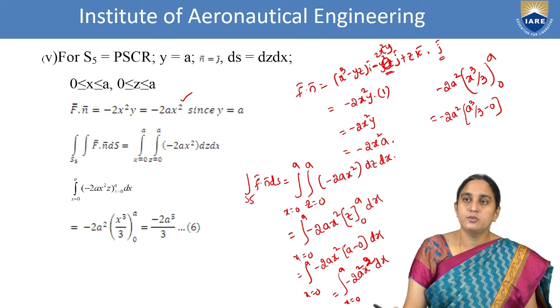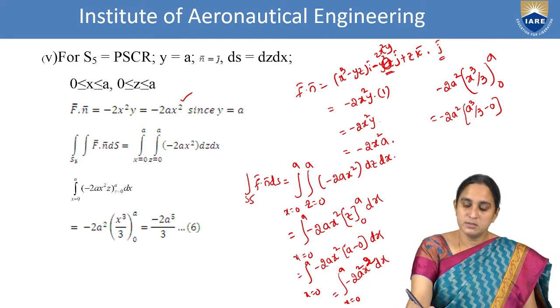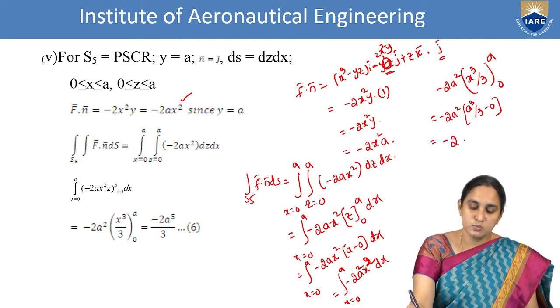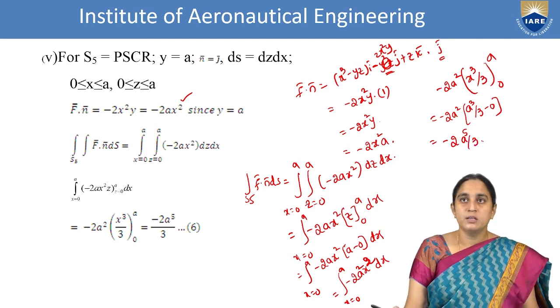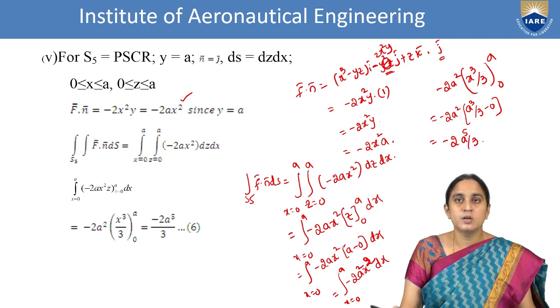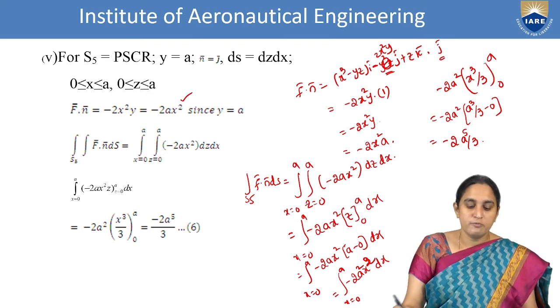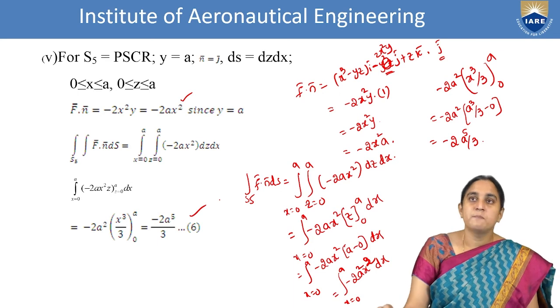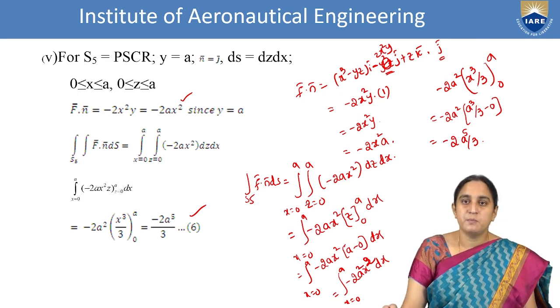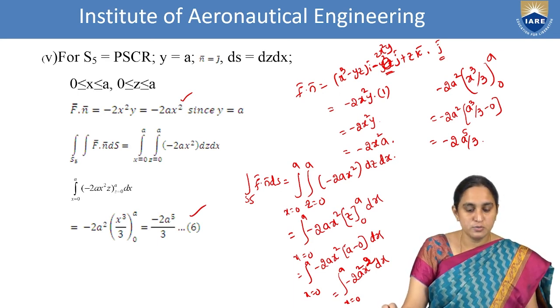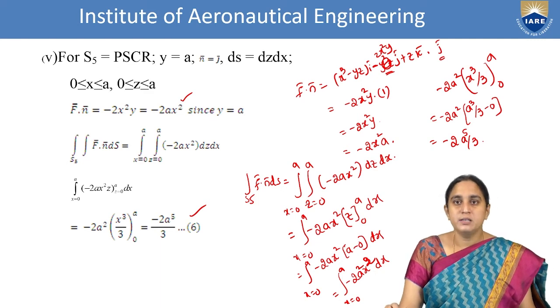That is minus 2 into a power 5 by 3. Okay, therefore surface integral on S5 face, it is on y-axis positive direction. For that case, answer is minus 2a power 5 by 3.